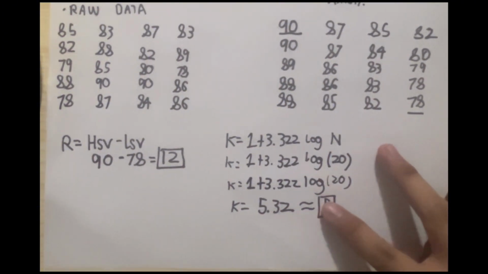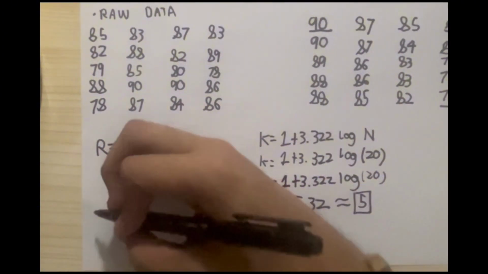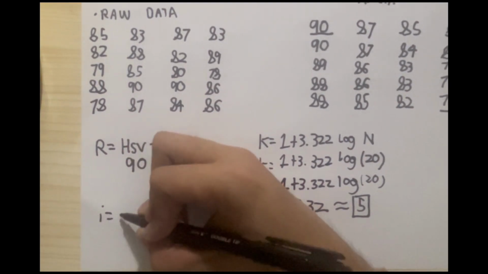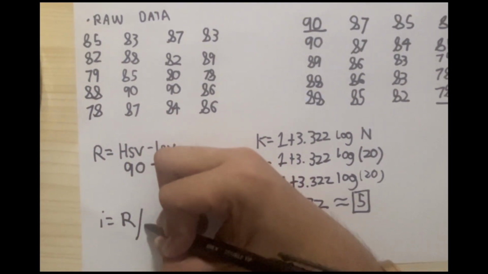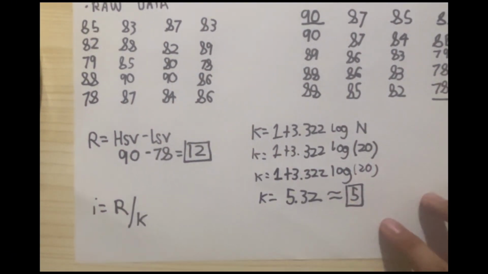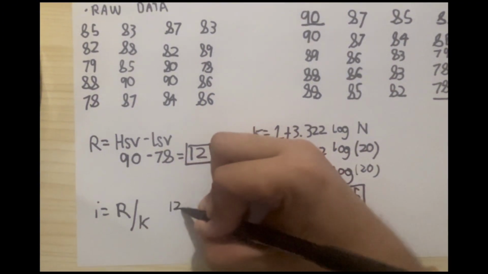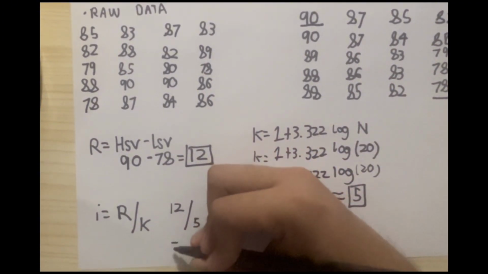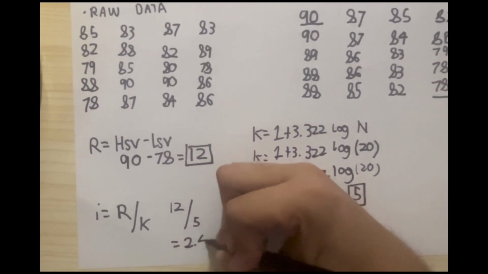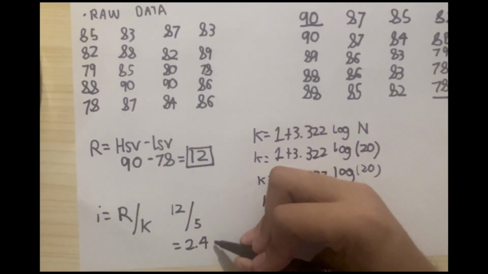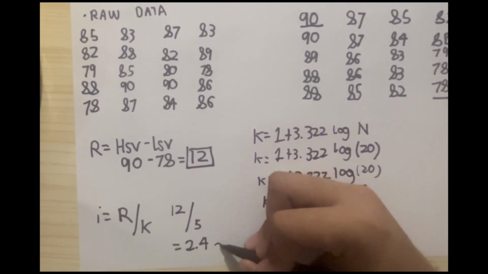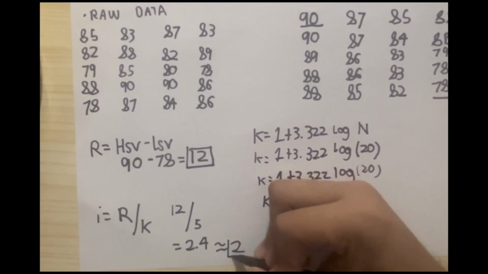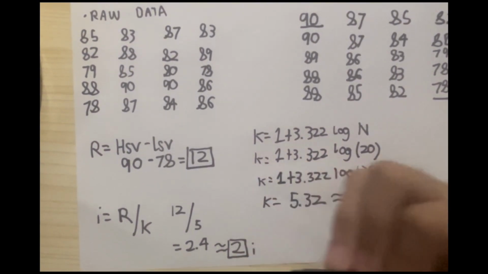Now we will be computing for the interval. To get the interval, we will just be dividing the range and the assumed interval. 12 divided by 5 is equal to 2.4. Round up to the nearest whole number and we will get 2. 2 is our interval.